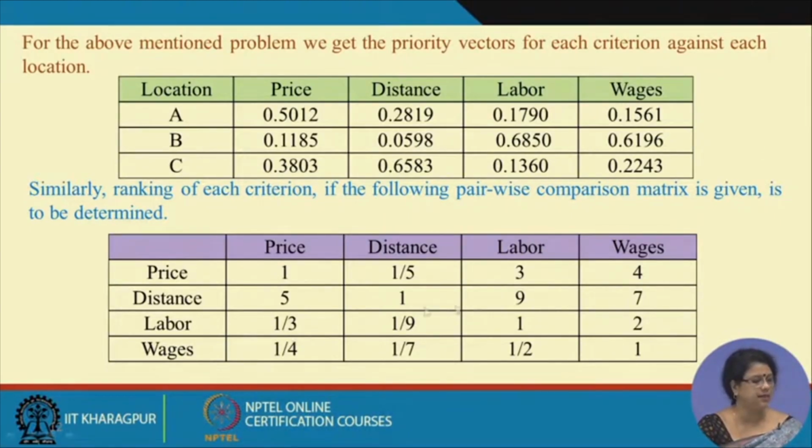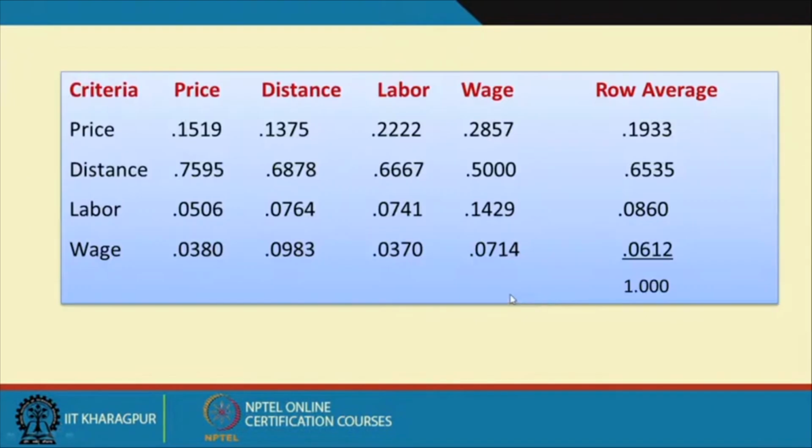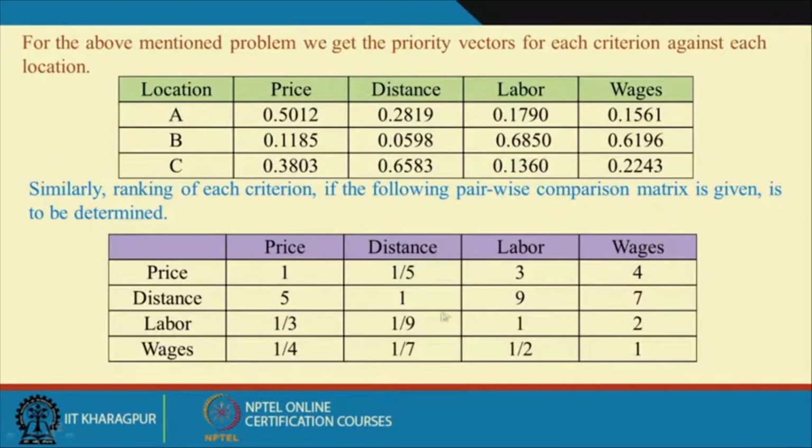That means, distance and labor: distance is strongly preferred over the quality of labor that has been given, okay? Strongly preferred. Similarly, distance is less strongly preferred than the wages, all right.